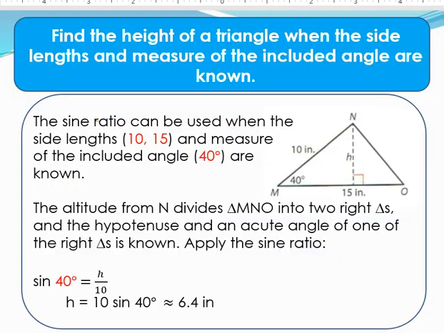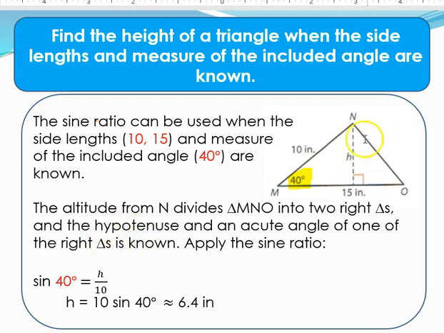So we can also find the height of a triangle when the side lengths and measure of the included angle are known. So let's look at this triangle. We have MNO. We need to solve for the height. We have one side length of 10 inches and a side length of 15 inches that has an included angle of 40 degrees. So as long as we have an included angle in between two side lengths, we can solve.